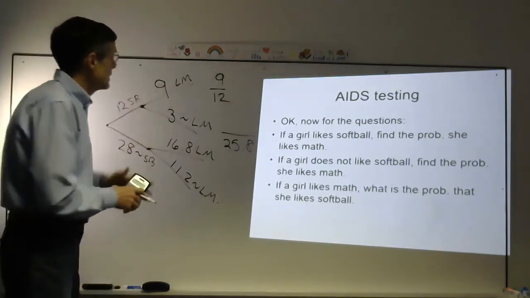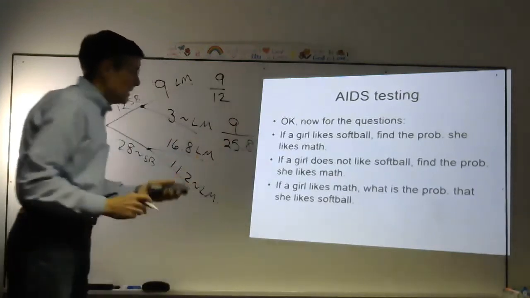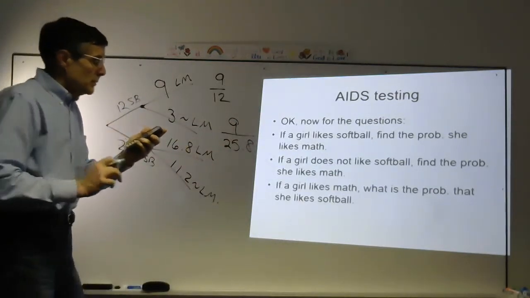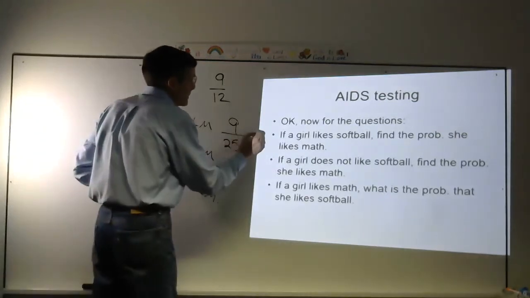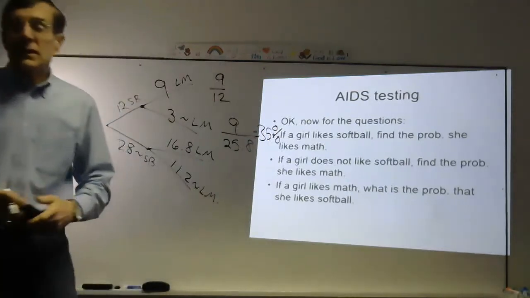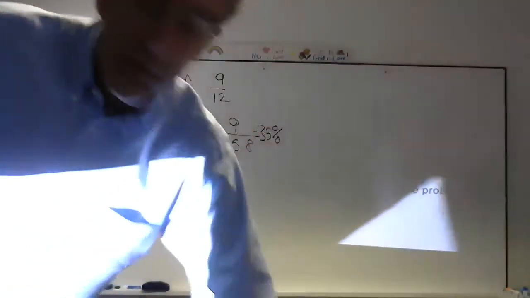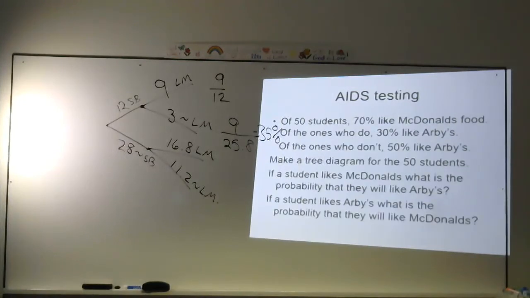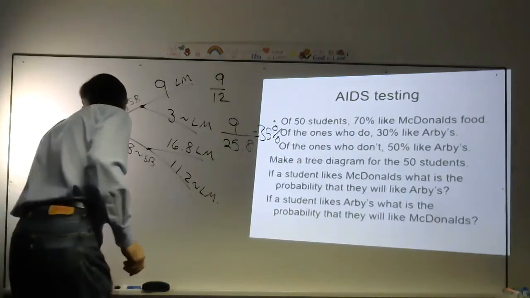Isn't it the 9? So the 9 goes on the top, and it'd be 9 divided by 25.8, which is about 35%. That's the way you do probability with a tree diagram. Let's do another one.